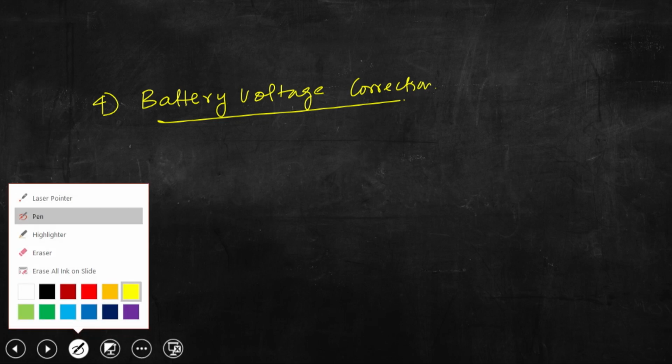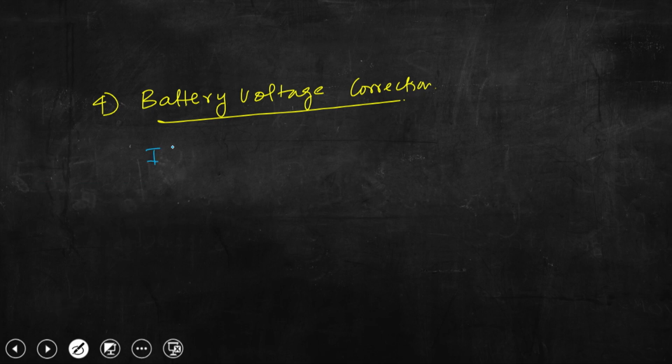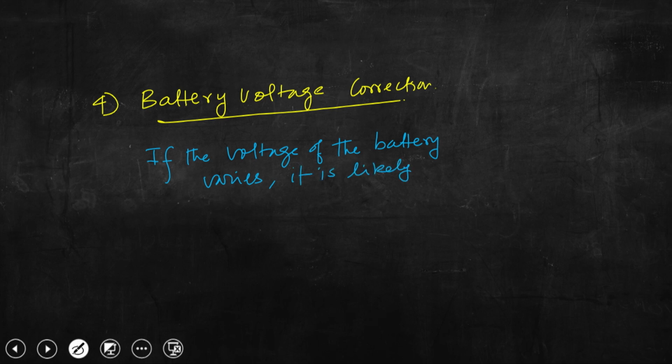So, first of all, if the voltage of the battery varies, it is likely that the time taken to open the injectors will vary.